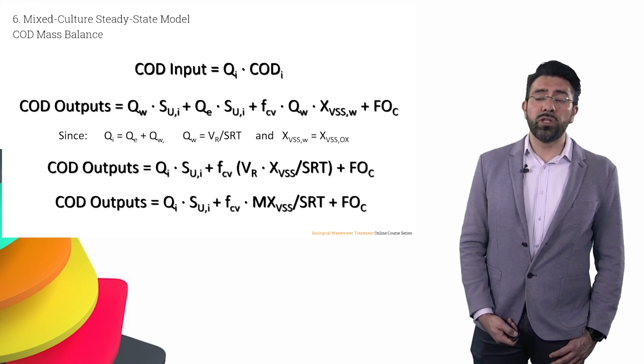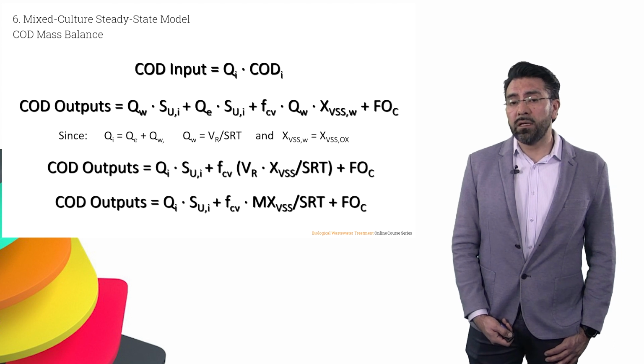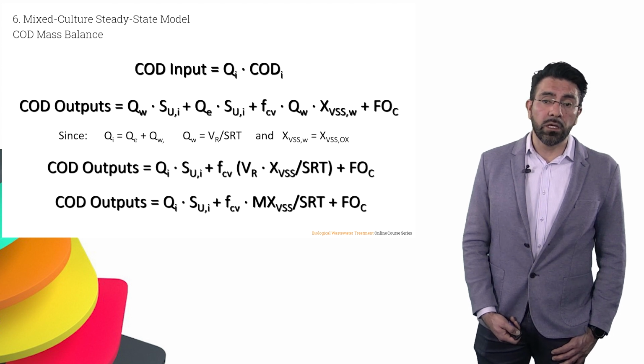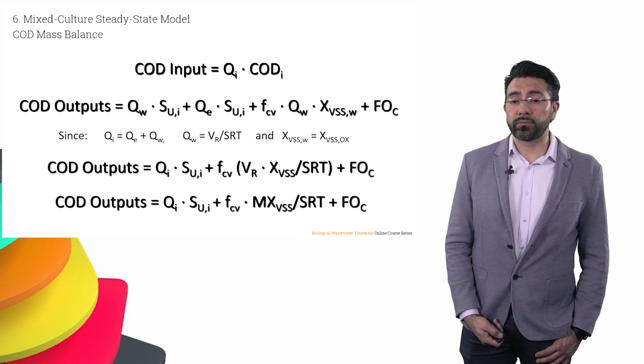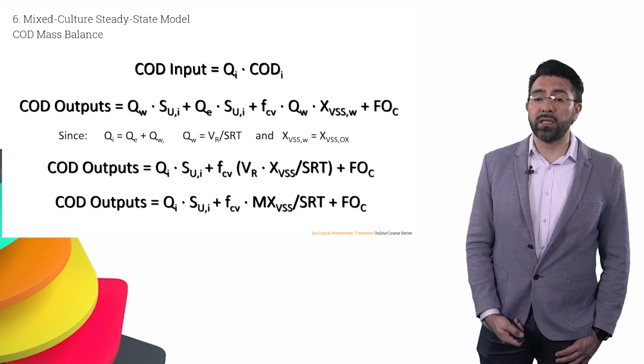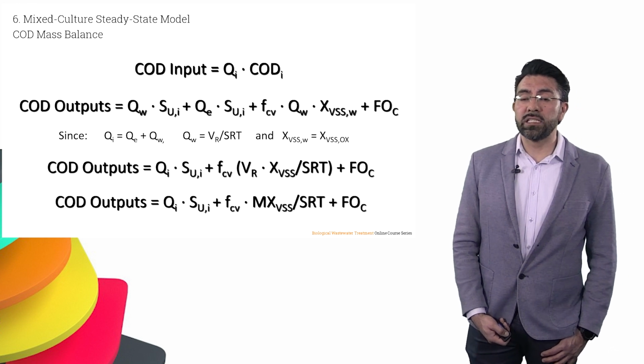As such, the calculations can be simplified because the COD outputs can be the influent flow rate times the concentration of unbiodegradable soluble organics in the influent, plus FCB times the total mass of solids that we have in the plant divided by the SRT, plus the oxygen demand that is needed for the oxidation of organics.